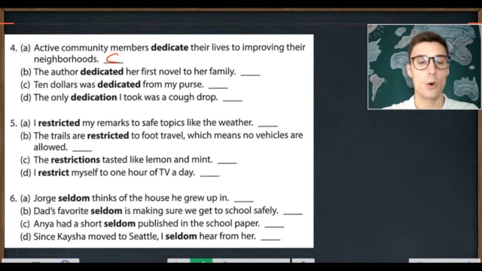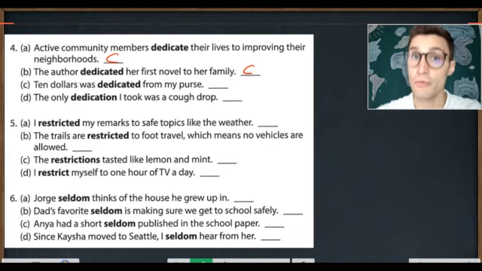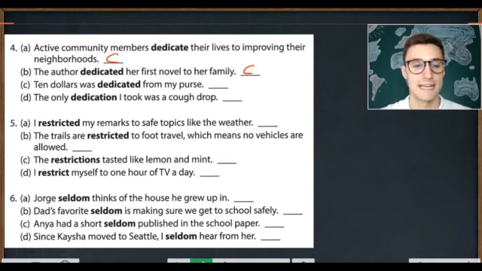B. The author, so author is a writer of a book. The author dedicated his first novel to her family. Yes, in honor of her family, she can dedicate it. C. $10 was dedicated from my purse. No, incorrect.